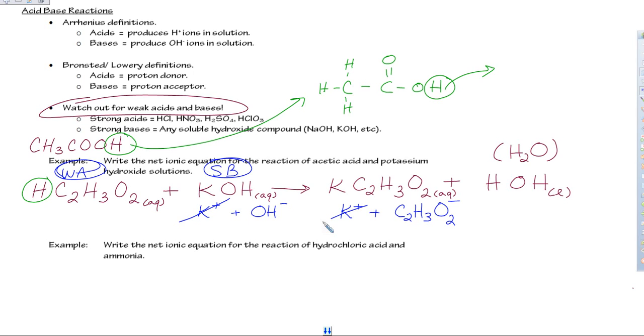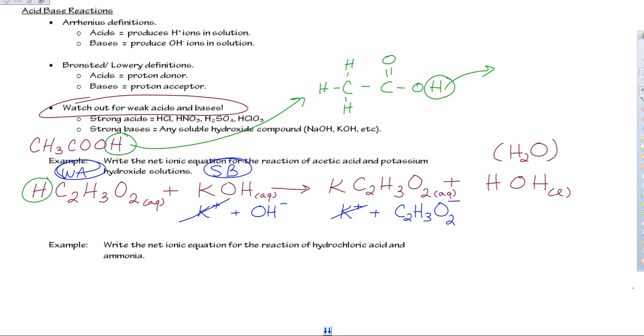There are not free-floating hydroxide ions on the product side. Kind of the same deal with acetate. It's got to stay. The acetate ion on the product side is not the same as the acetate on the reactant side. It's with hydrogen on the reactant side, and it does not extensively ionize. So I really only have one spectator, just potassium.